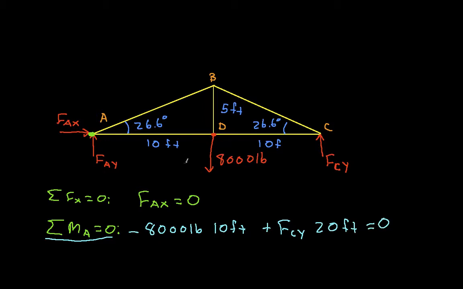I can solve this for FCY, and I'll find that FCY is equal to 4,000 pounds.